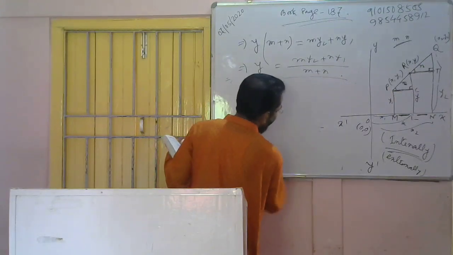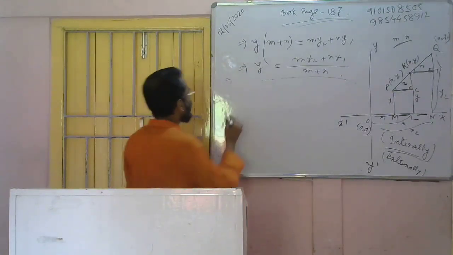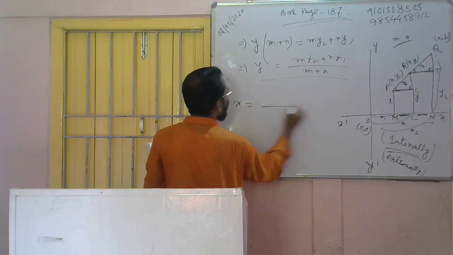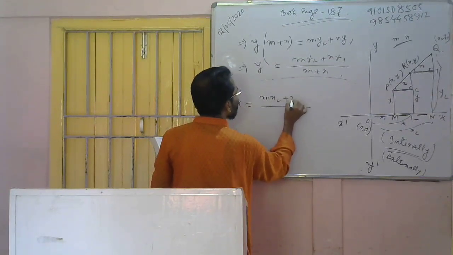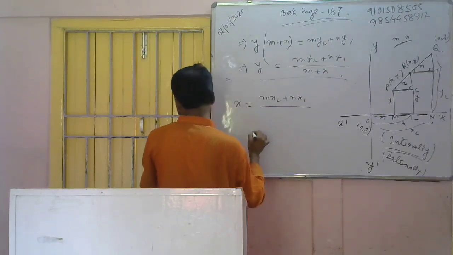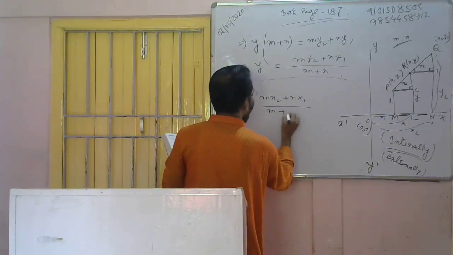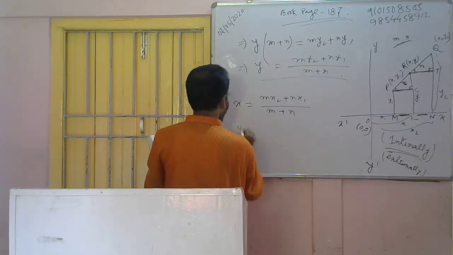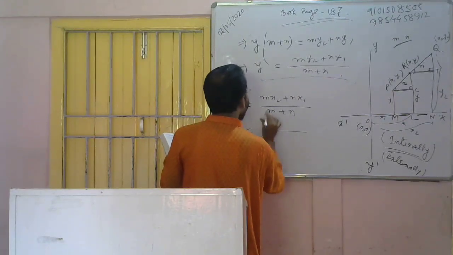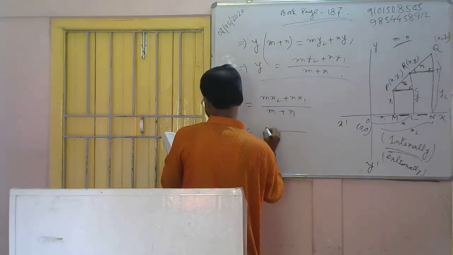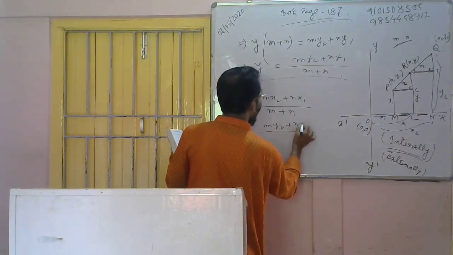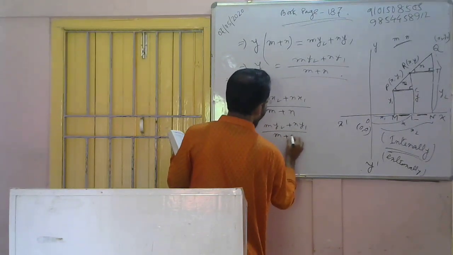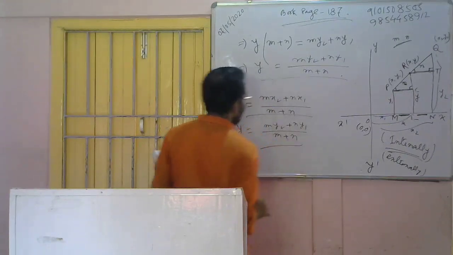So the section formula is x is equal to mx2 plus nx1 by m plus n, and y is equal to my2 plus ny1 by m plus n. This one is the section formula.